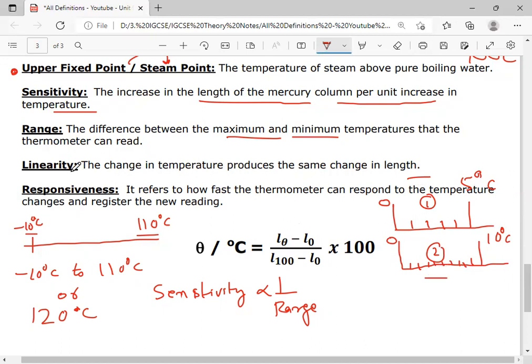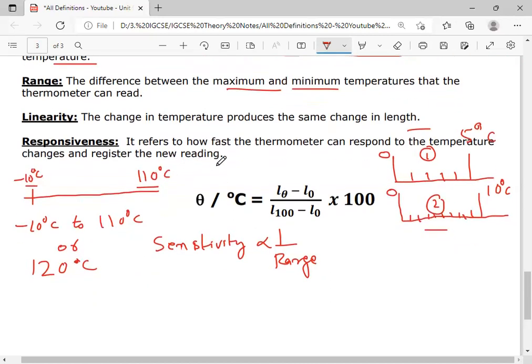Then here comes the definition of linearity. The change in temperature produces the same change in length. What does it mean? If we increase the temperature, then definitely the length of the mercury column also expands equally.